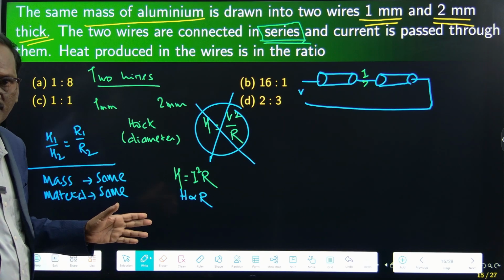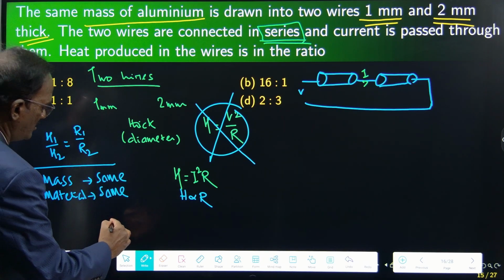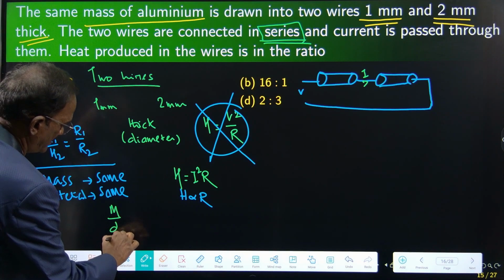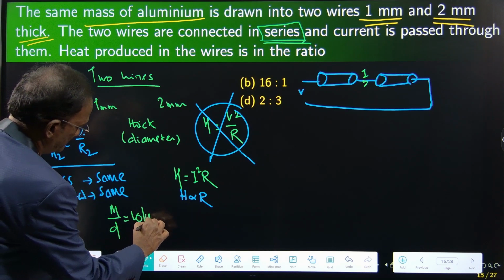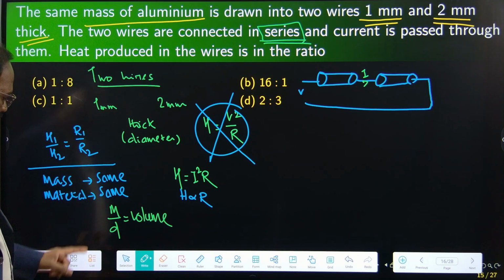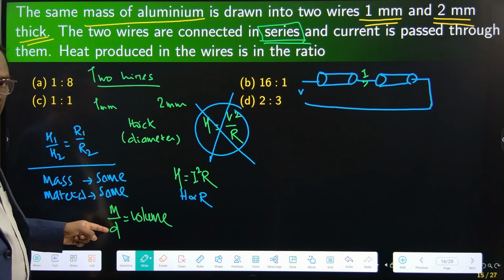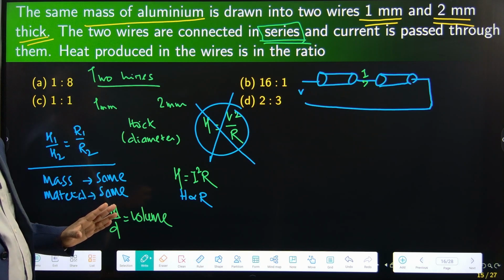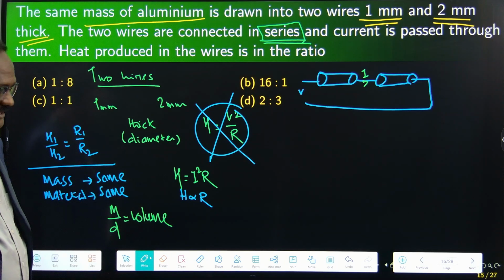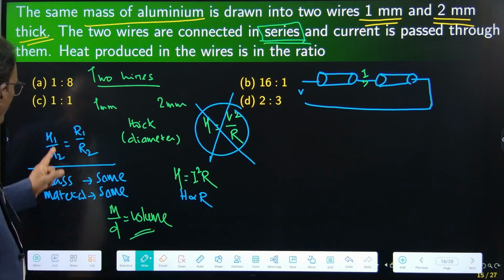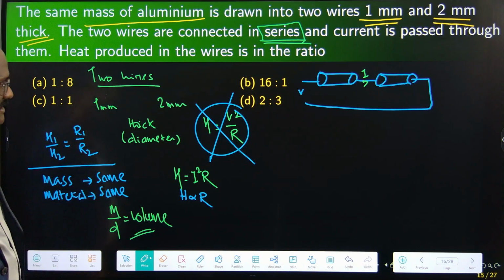The material is the same, so the density is also the same. Mass divided by density is volume. If mass and density are the same, then the volume is the same. This point will be useful to relate the resistance here.